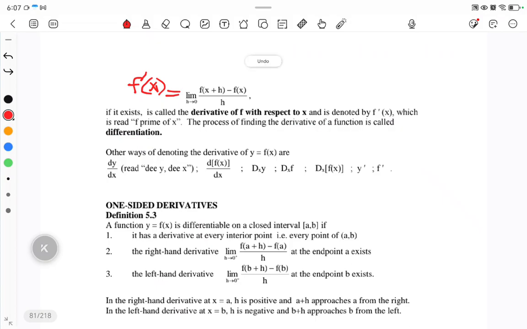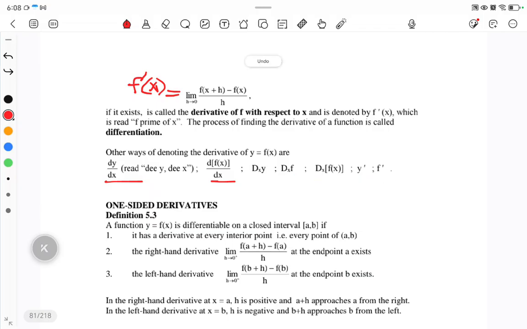That we know. And they say other ways of denoting the derivative of y is equal to f of x are dy over dx. Also we have d of f of x over dx. Then we have d/dx y, d/dx f, and these ones.